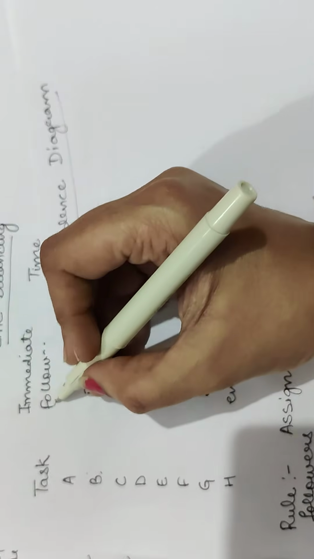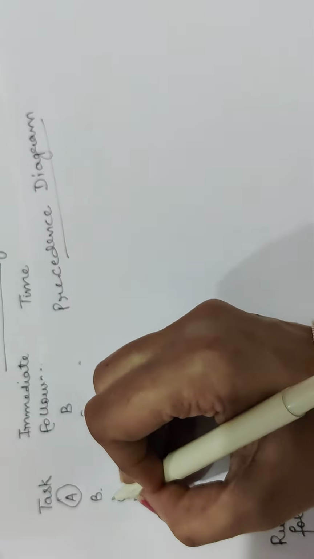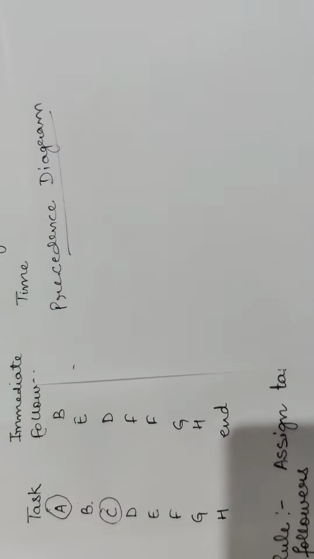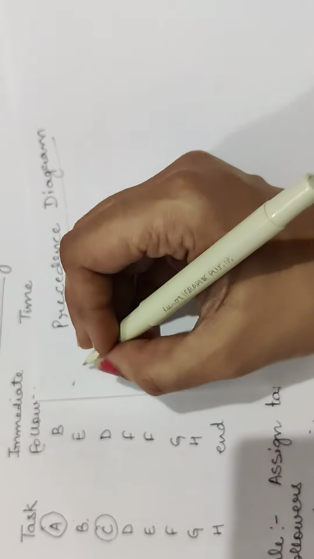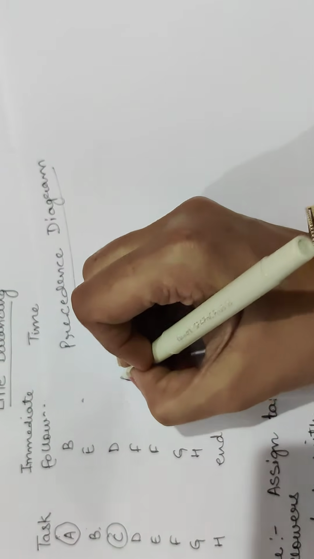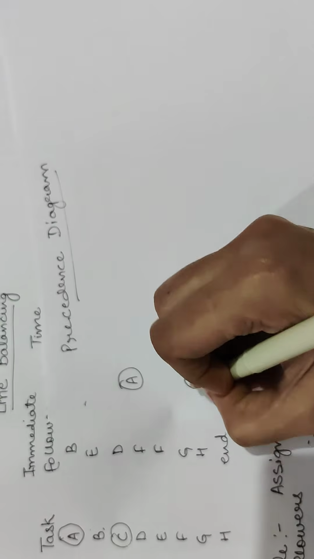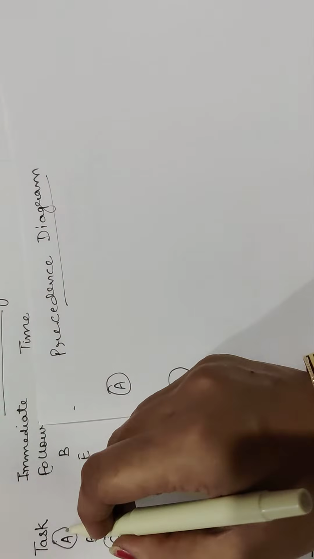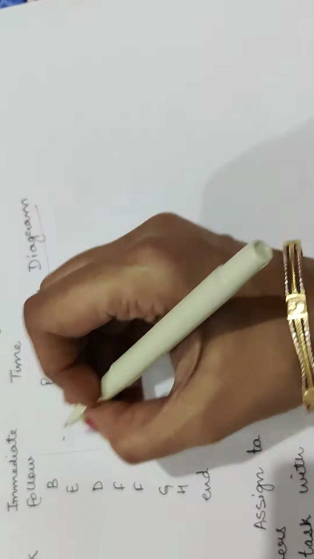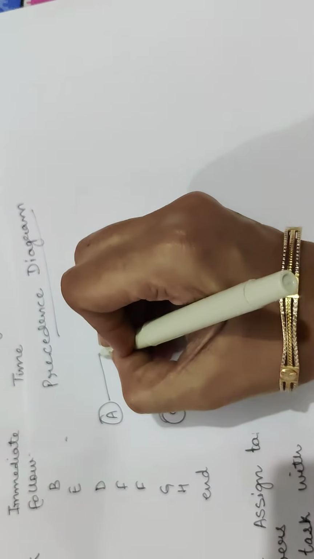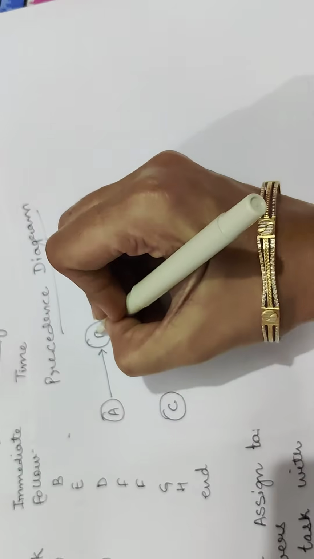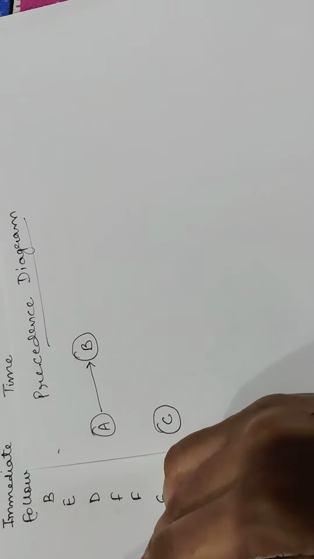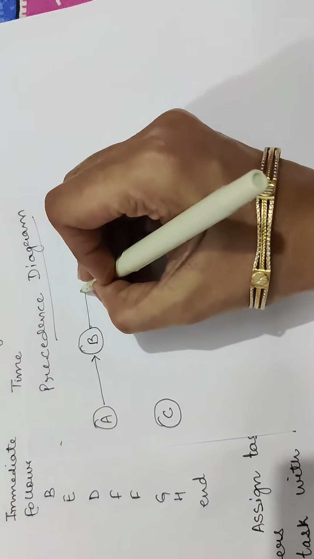So that means my A task and my C task are independent tasks. So I will write A here and I will write C here. So these are my independent tasks. After A, B is coming. B is following A. So after A, B is there. Then after B, E is there.